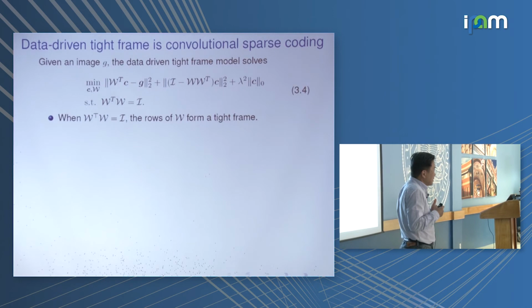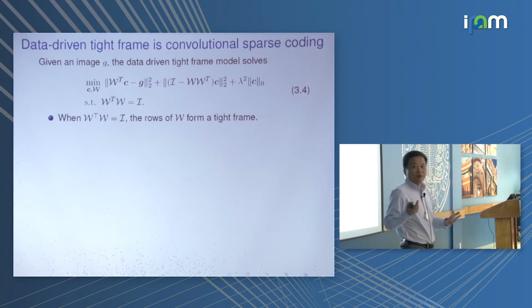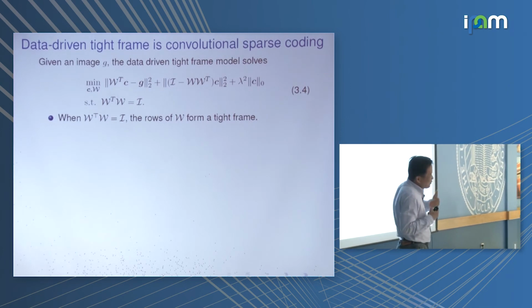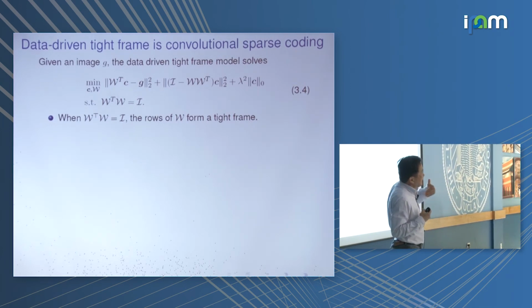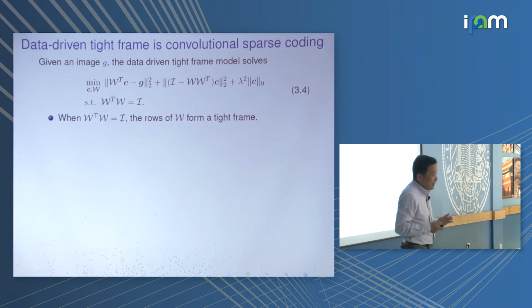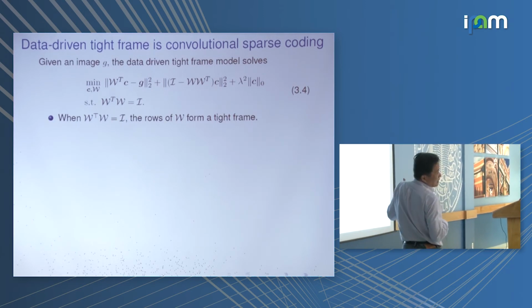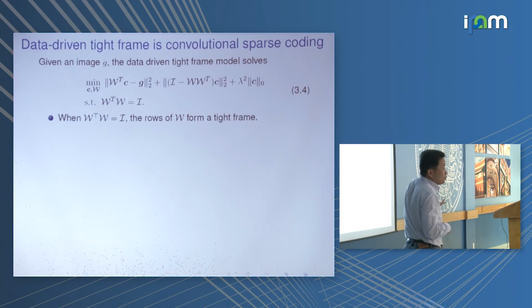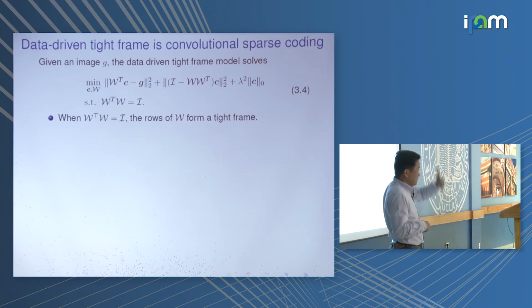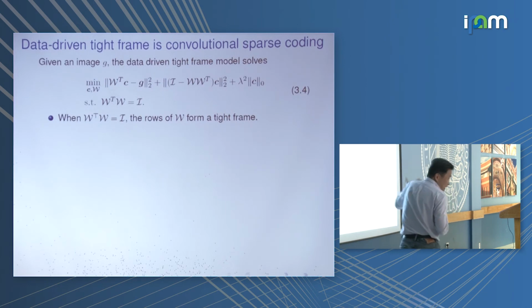Because we worked so many years, I naively thought that the quality of the performance of your algorithm depends on how good the sparse approximation is. So we decided: how about I learn a tight wavelet frame according to the images you gave me, not from the whole set of images?